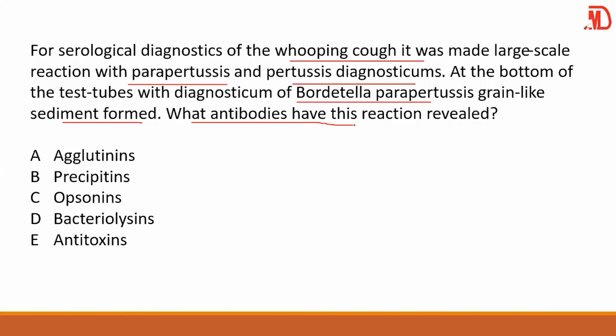When we talk about agglutination, like we did in the ABO system or the Rhesus incompatibility system, agglutination is a process based on the reaction of an antigen, which is also called agglutinogen.